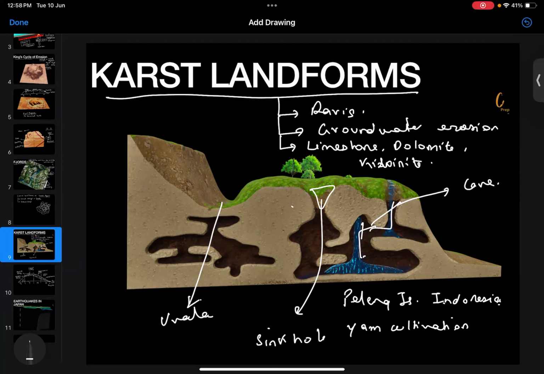Okay, then here we see a political ecological model which is providing us a power asymmetry in the land use decisions. Okay, so this is one of the cases from the perspective of karst landform, which is taking place in Indonesia with respect to yam cultivation.